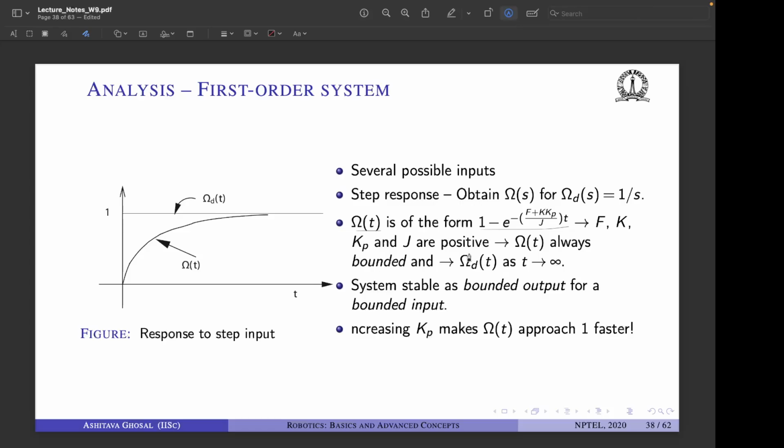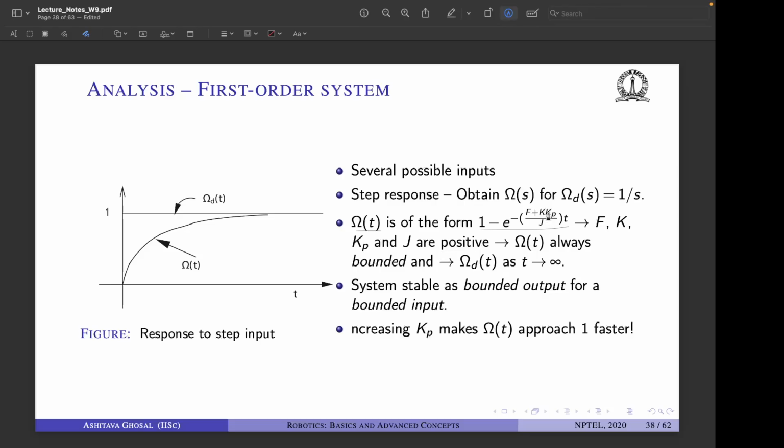So when Kp and J are positive, this entire term f plus K Kp by J is positive, then as time goes to infinity, this approaches the desired value, right? So the system is called stable.